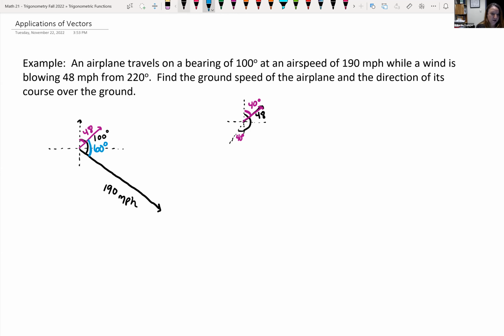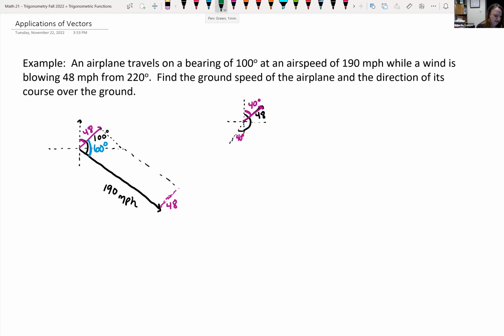I want to make my resultant vector. So summing these two vectors, I can make this parallelogram. So off of the terminal point of my airplane vector, I'm going up 48. And then from the terminal point of my wind vector, I can make my airplane vector.